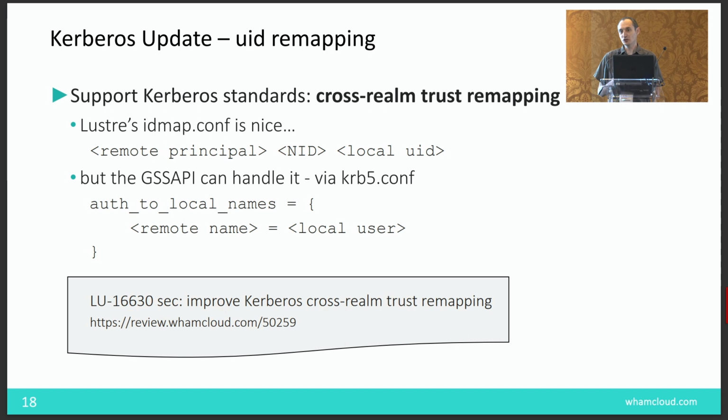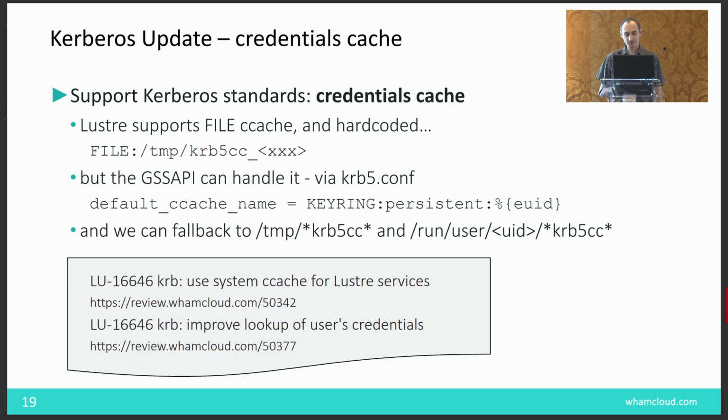So now we can use what is configured by the security administrator inside the Kerberos configuration file, because it's more natural for security admins to use this configuration file. But we still support the idmap.conf, the old-fashioned way. But at least now we support this more standard way.